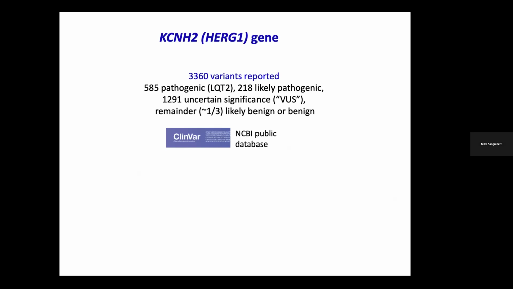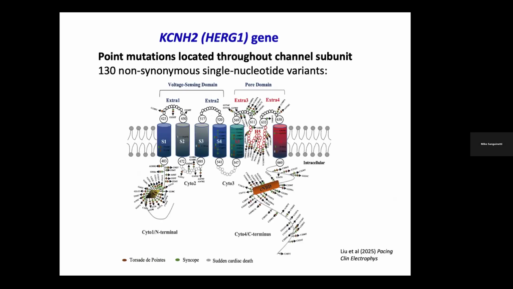Not all are long QT, but most of them probably are. 218 are likely pathogenic, then there's a whole bunch of variants of uncertain significance, and then a bunch that are benign or likely benign. So there's been a huge effort to characterize, using in vitro technology, whether these likely pathogenic or uncertain significance changes are actually pathogenic.